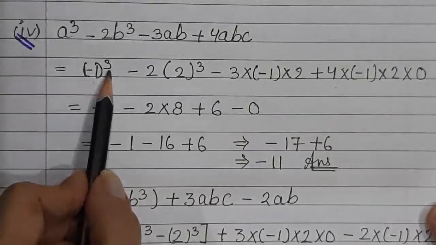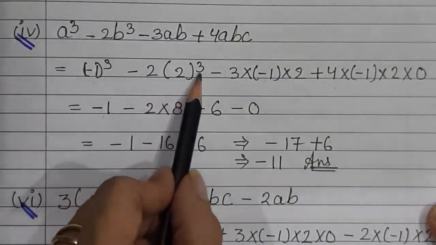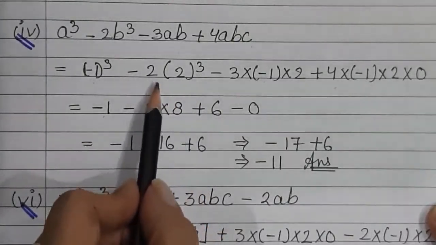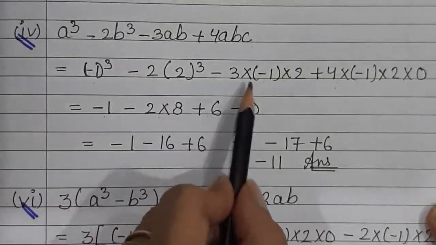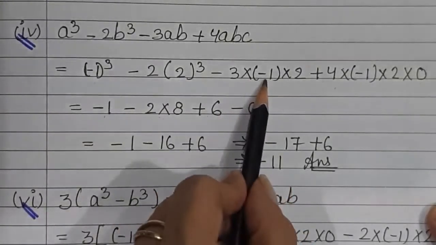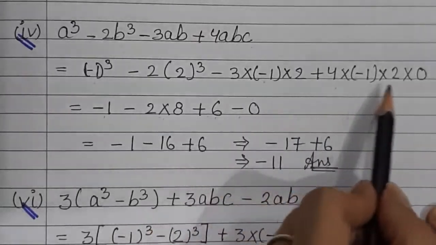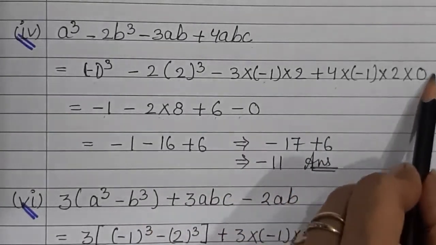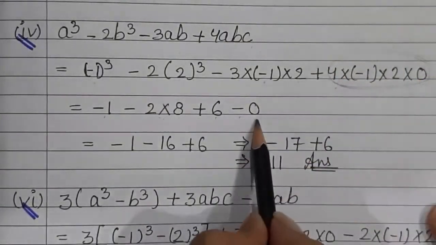Minus 1 cube is minus 1, minus sign, 2 cube. 2 cube is 8. So 2 into 8. Minus plus, 3 2s are 6. 6 into 1 is 6. Plus minus, but here we are multiplying with 0, so this whole term becomes 0.